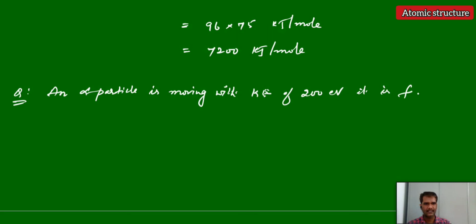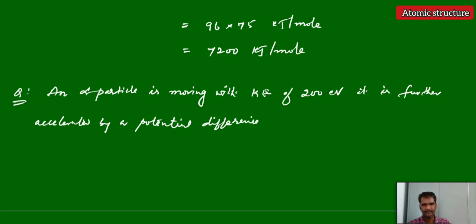It is further accelerated by a potential difference of 50 volts. Then find the final kinetic energy of the alpha particle.